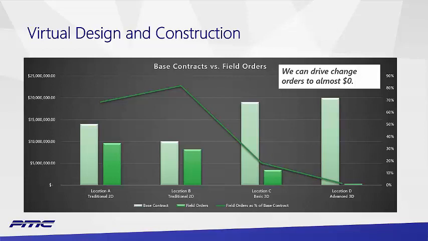What we're seeing here is the cost of field orders versus the base contract as we move from traditional 2D workflows, where you're really not sure if what you're collecting is correct, into basic 3D, which would be scan or model or manual field check and model, which is still better than 2D, into what we call advanced 3D, which is the fully integrated or mostly integrated, in this case design build contracts. And we basically set field orders to almost zero. So the effect is the base contract goes up, but field orders essentially can go to zero on projects.